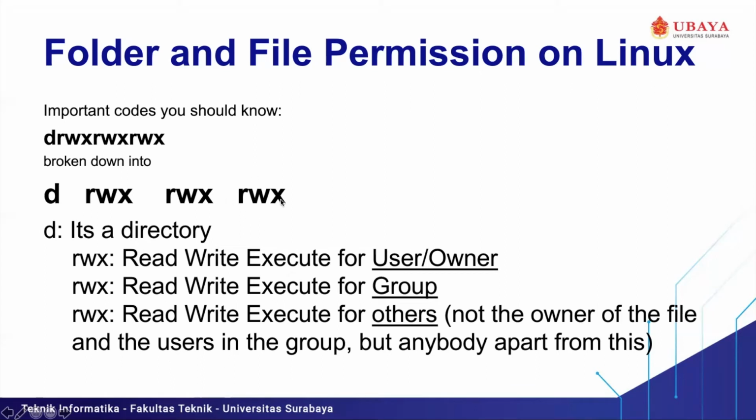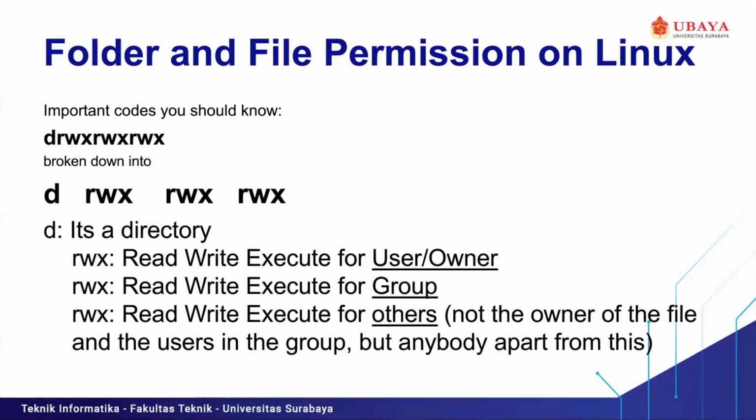And the last rwx is read, write, execute for others. It means not the owner of the file and not the users in the group, but anybody apart from these. For example, if on your operating system you have three users, in my operating system I have the Naufal user, the Farid user, and the Muhammad user.